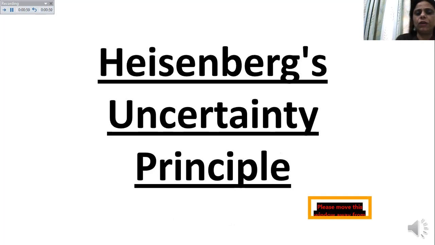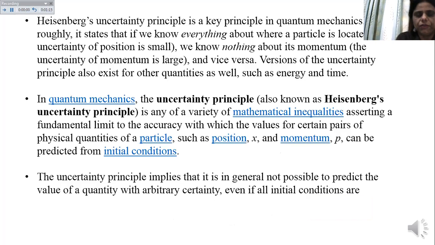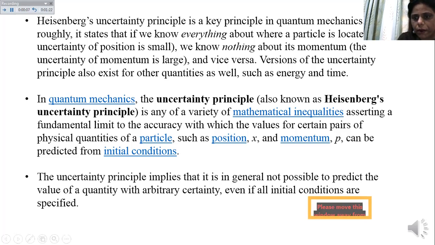Now today we are going to study the Heisenberg's uncertainty principle. Heisenberg is a scientist who gave the uncertainty principle regarding the particle and wave nature of the electrons. What is this? Heisenberg uncertainty principle is a key principle in quantum mechanics.